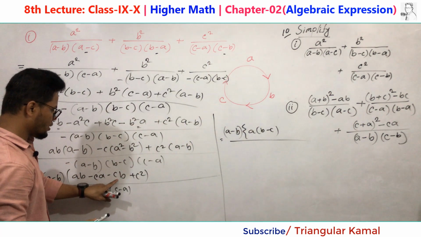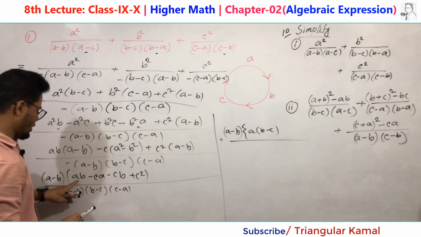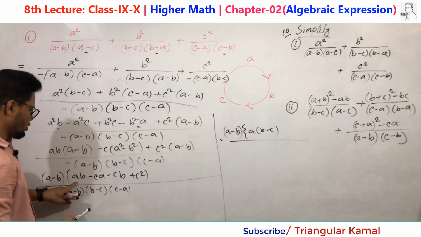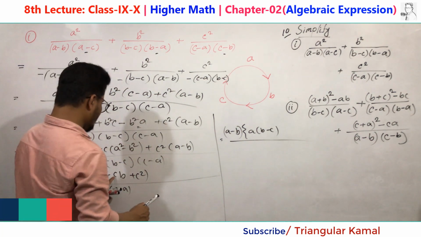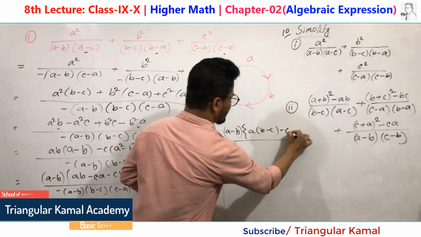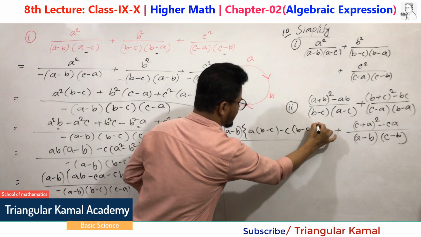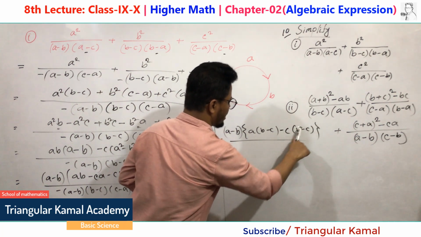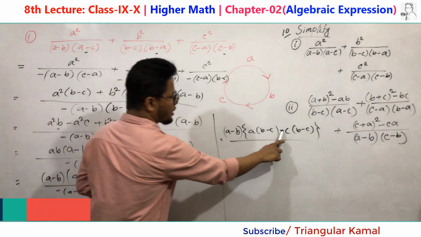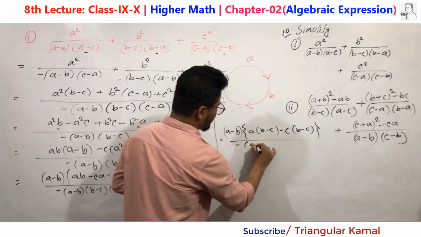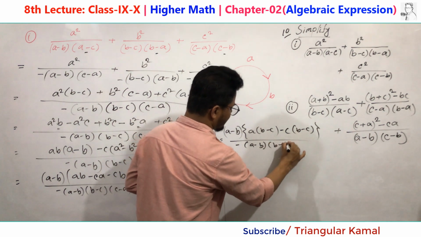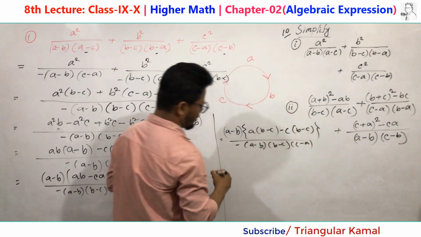Then take b, a is common, then this one will be b minus c, then now minus c is common, this one will be b minus c, like plus minus minus minus plus c square, and then plus minus minus cb. And the denominator part will remain the same: b minus c and c minus a.